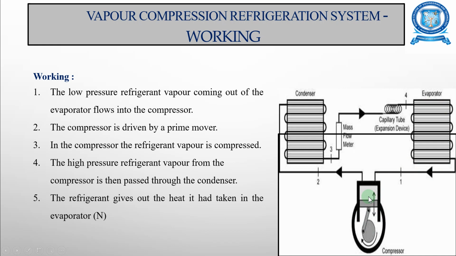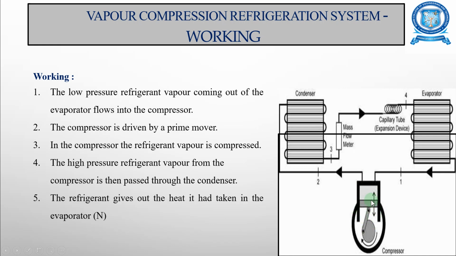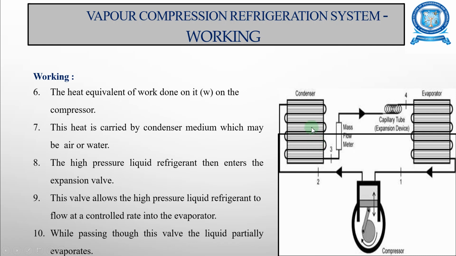Once it's compressed, the high pressure refrigerant vapor from the compressor unit is then passed through the condenser. The refrigerant gives out the heat it had taken in the evaporator, and the heat equivalent of work done on it in the compressor. This heat is carried by the condenser medium, which may be air or water.